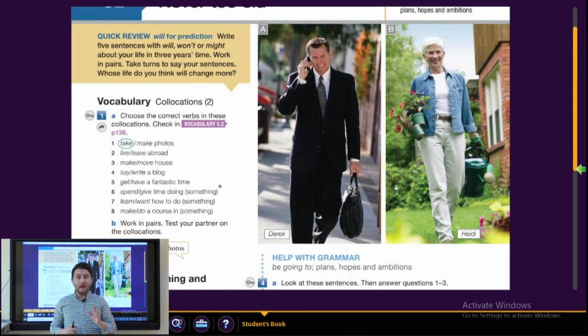So we use the verb have for food, for drink, for activities, for family and possessions. Let's give examples for each one. Food, like I have cheese and olives for breakfast. So we use the verb have for food. Like I have tea for breakfast.